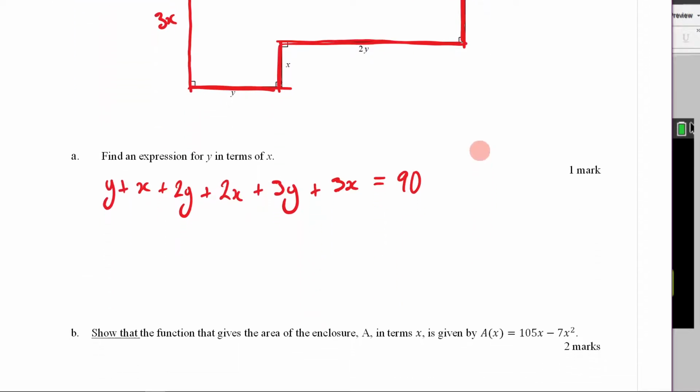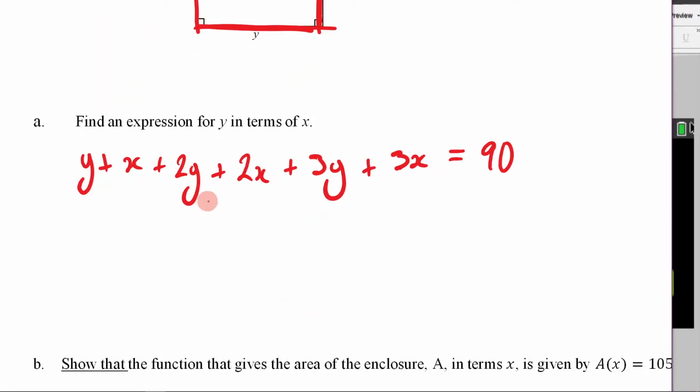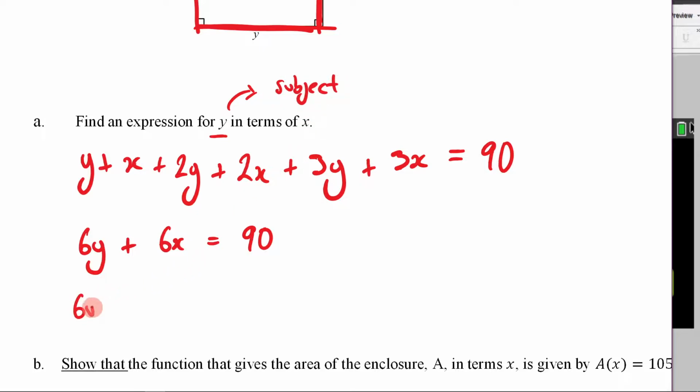The next thing I would do is gather together my like terms. So y plus 2y plus 3y is 6y, plus x plus 2x plus 3x is 6x. That's equal to 90. When it says find an expression for y in terms of x, it means make y the subject. In other words, get y by itself. So I'm going to minus 6x from both sides.